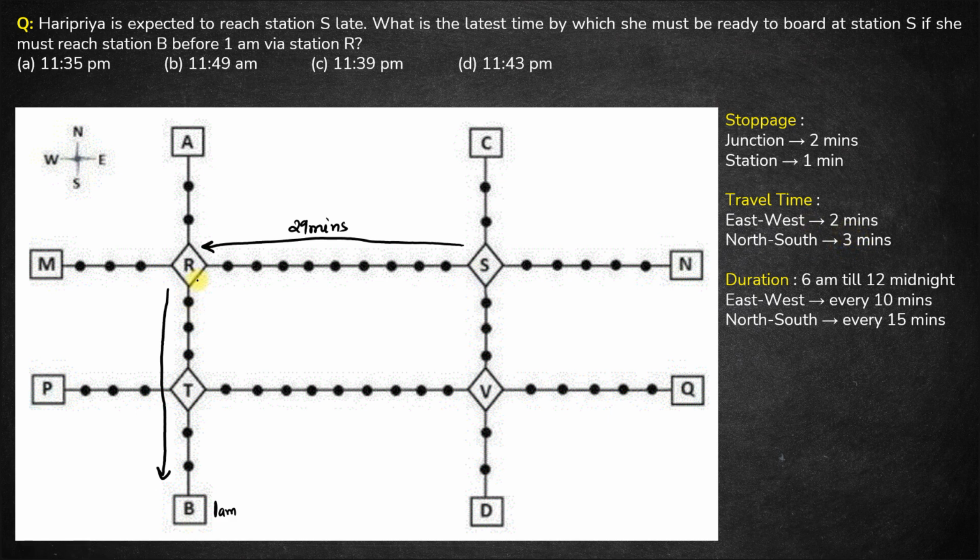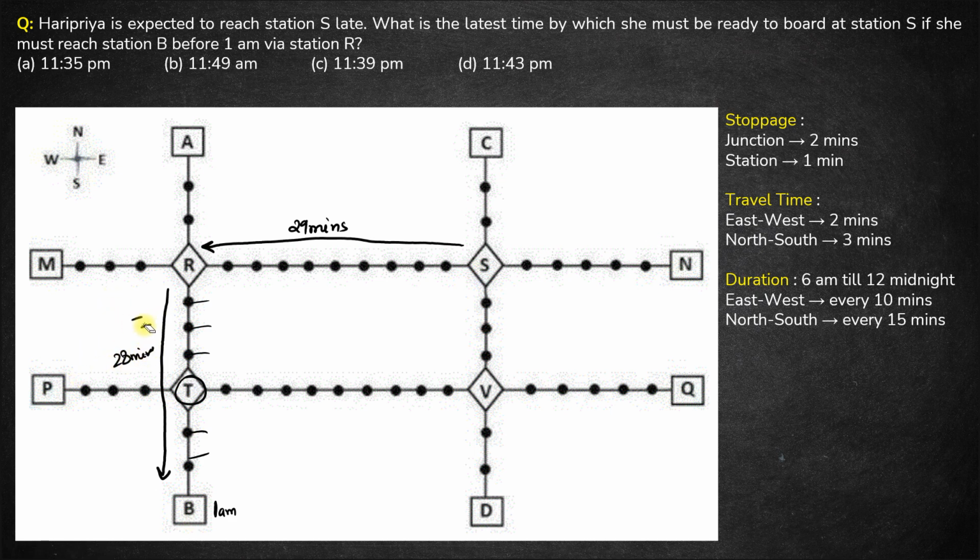So traveling will be from R to the station once, twice, thrice, 4, 5, 6, 7. So 7 into 3, 21 minutes plus the stoppage time of these circular stations will be total 5 minutes plus the stoppage time at T will be 2 minutes. So total 28 minutes, right?